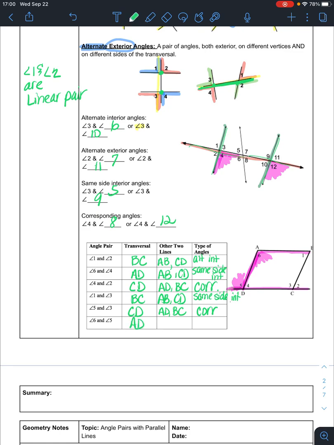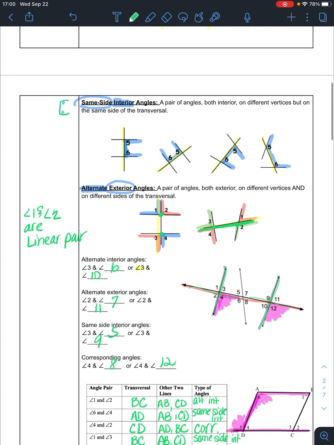The one line that cuts across is AD. And the two lines that are crossed, AB and CD. Notice that when you look at the transversal, they're both interior and they're on alternate sides of the transversal, and so those are alternate interior angles.